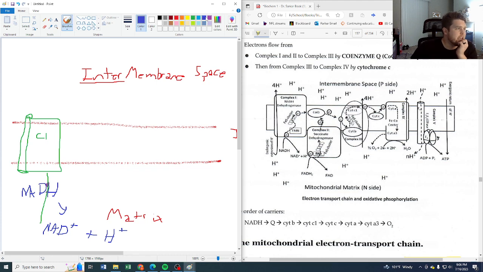And it's going to take those electrons and pass them to a transporter called CoQ.